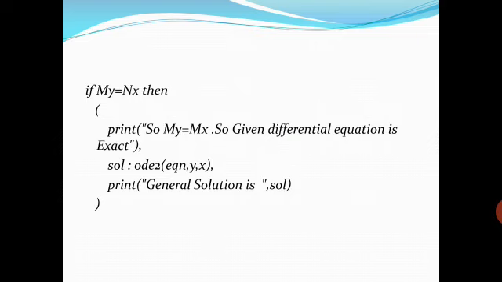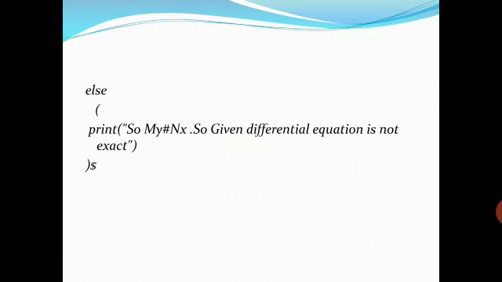Close the bracket and again close the bracket for the if statement. If My is equal to Nx, we do this; otherwise, else, print in double inverted commas "My is not equal to Nx, so given differential equation is not exact". Put the dollar symbol lastly.